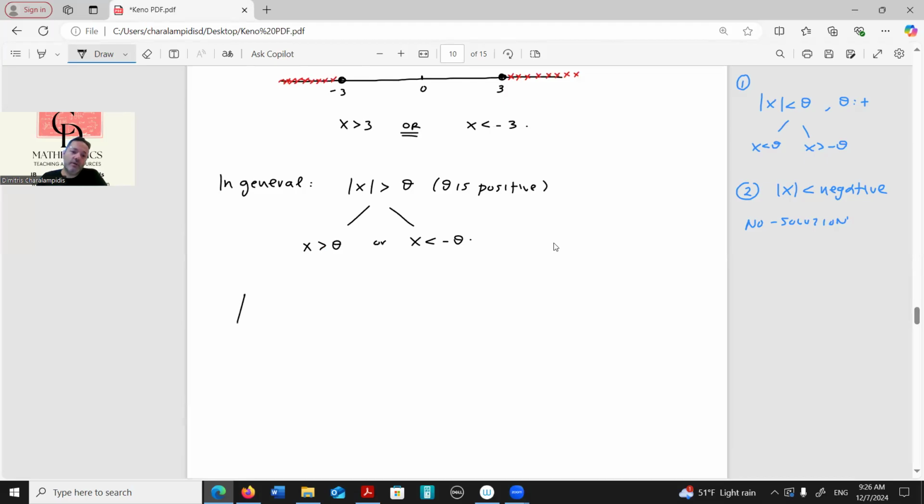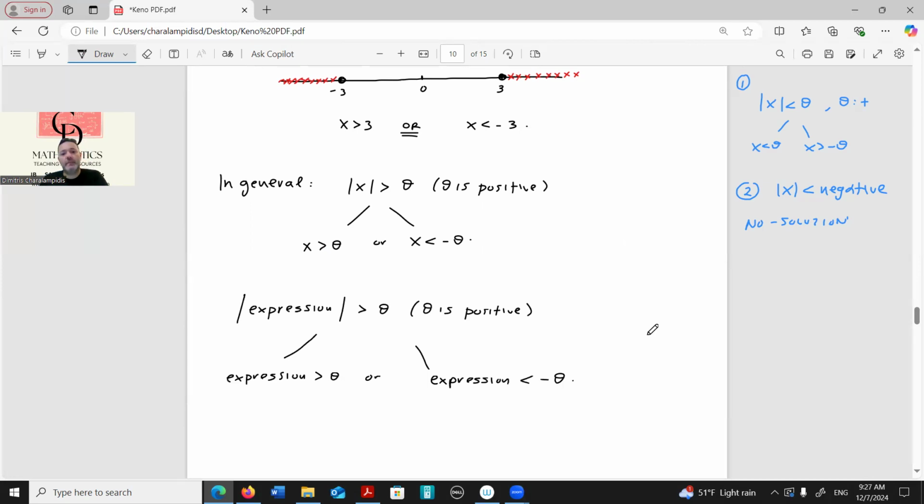So even if we had the absolute value of an expression greater than something positive, we would still take that this expression is greater than theta, or this expression is less than -theta.